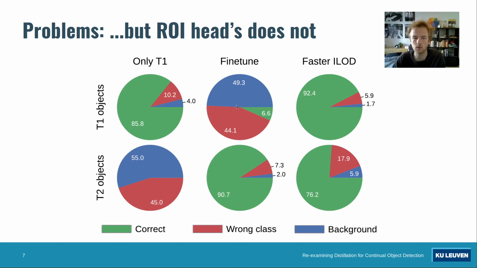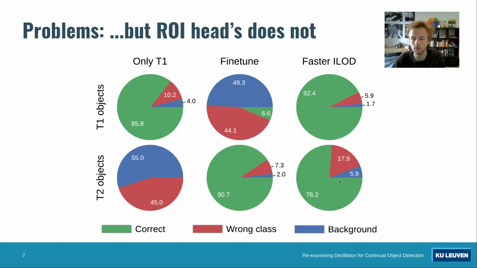In these graphs, we see the percentage of objects of either T1 or T2 that are classified correctly, wrongly, or as background. In particular, we see for the second task objects, when you use the distillation method, that 76% of the objects are classified correctly, but 18% are classified as a wrong class and 6% as background.